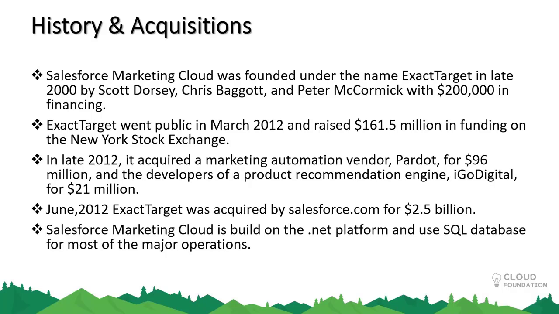ExactTarget went public in March 2012 and raised 161 million on the New York Stock Exchange. Later in 2012, they acquired a marketing automation vendor, Pardot, for 96 million, and other applications like the product recommendation engine iGoDigital for 21 million.